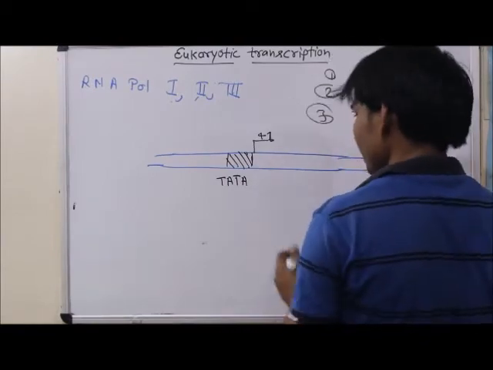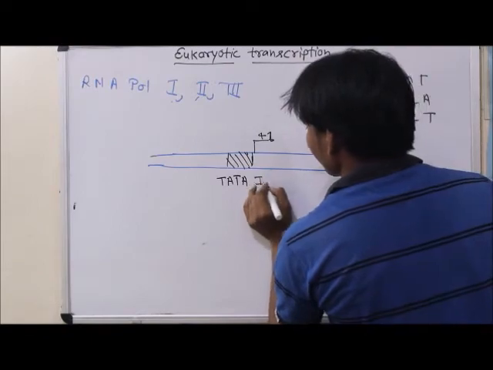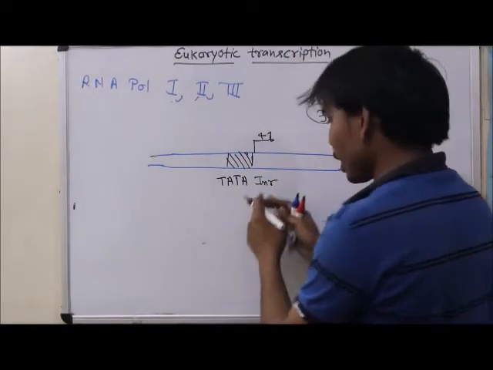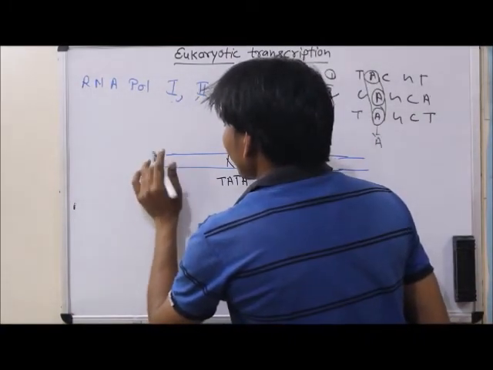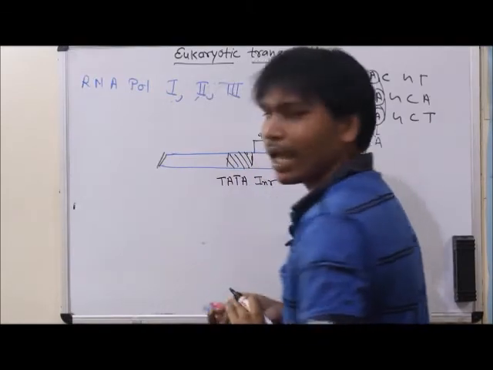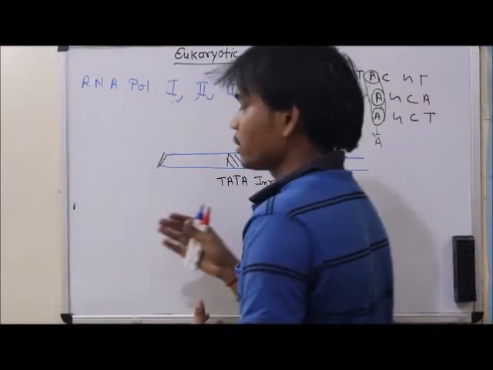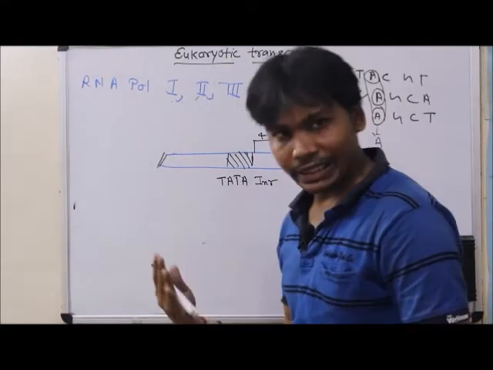Another is the initiator, INR. The initiator becomes AT rich, and it also acts as a cis-acting element, a regulatory element that either increases or decreases transcription.